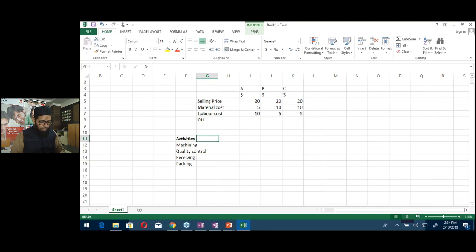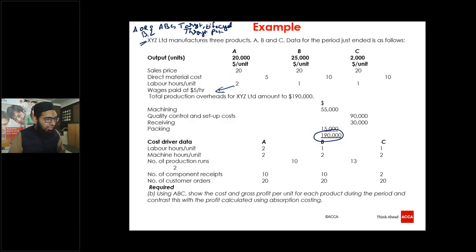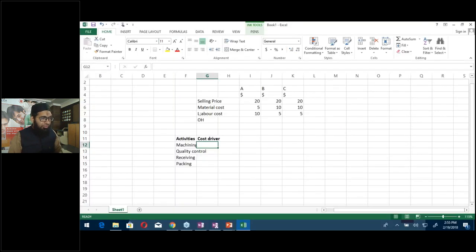Now I have to select the cost driver. Now if you see the list, the cost driver for machining looks like number of machine hours.